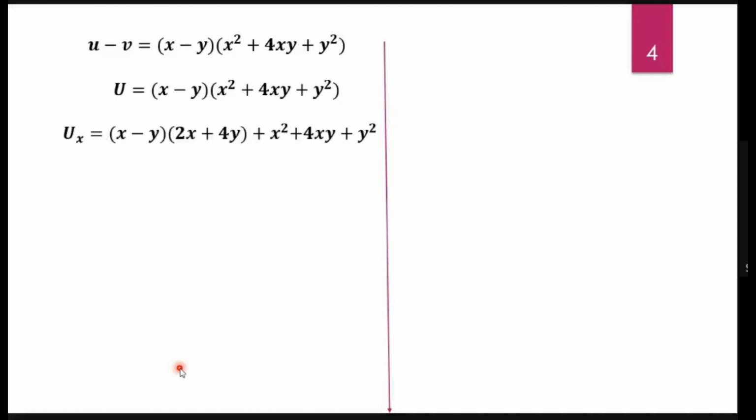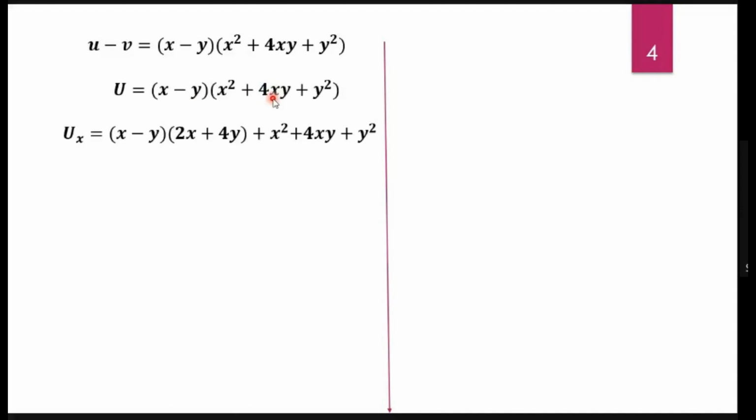So calculating Ux. Ux means differentiating capital U partially with respect to x. Again I have two bracket terms, so I have not opened the bracket. I have just used u into v. Normally whenever there are bracket terms, I am not trying to expand them. If I expand, many terms will come, so I am avoiding that.